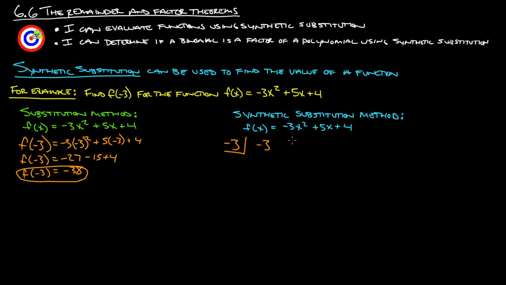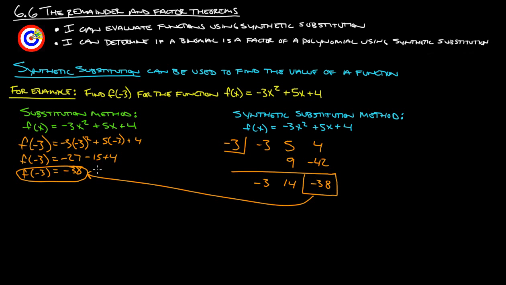So we have negative 3 for the x squared, 5 for the x's, and then 4 for the constant. Draw our little line, bring the negative 3 down. Negative 3 times negative 3 is 9, plus 5 is 14, times negative 3 is negative 42, plus 4 gives us negative 38. And whatever the remainder is, that's our answer.